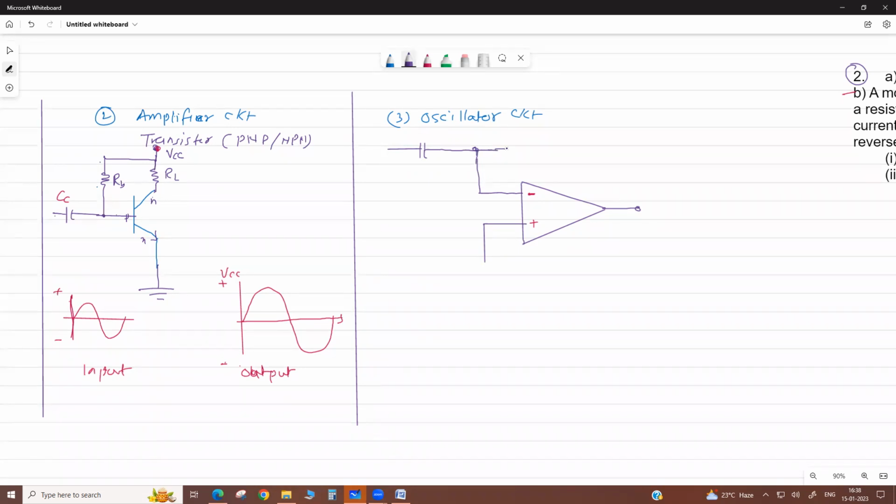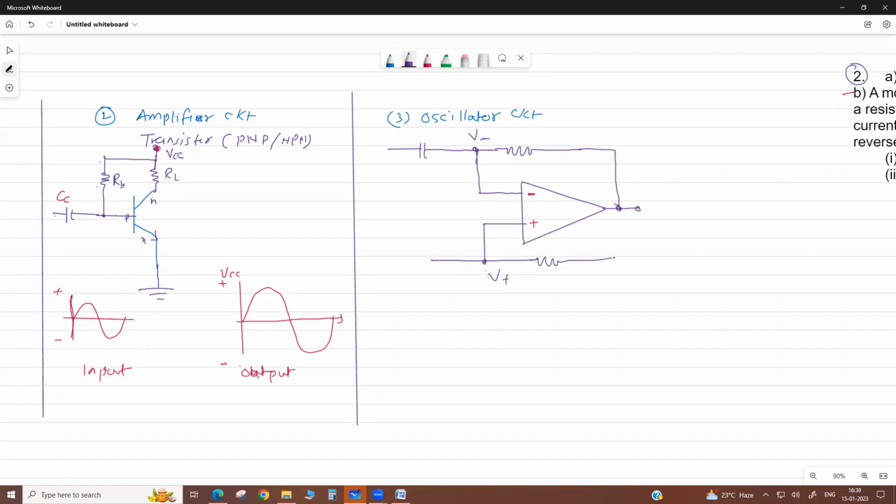Now there is a resistance connected across the gate. This is the negative voltage, this is the positive voltage, V plus.